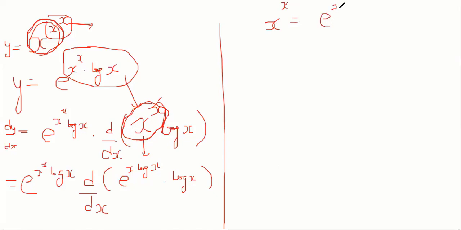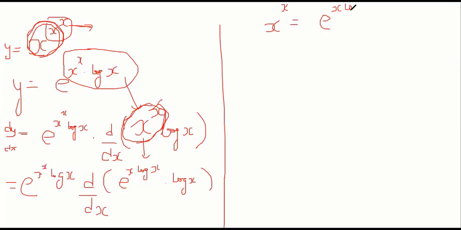Let me write this so that it will be very clear. That is how x to the power x works, correct? Now, as of now, you assume this as one entity.